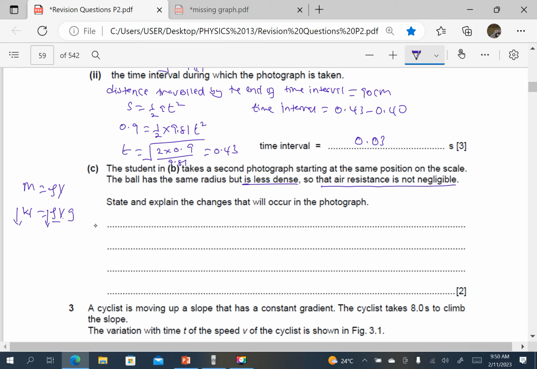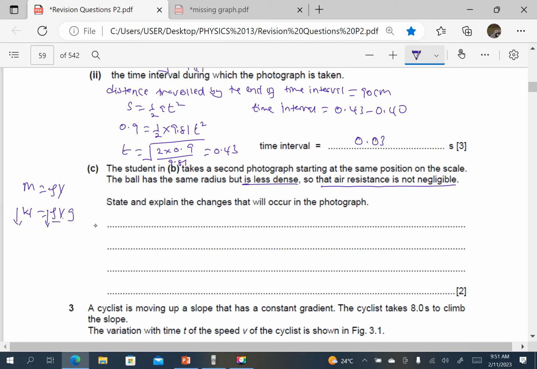That means the time interval is going to be shorter. State and explain the changes that will occur on the photograph. It means the length of the image is going to be shorter this time, simply because there is air resistance.